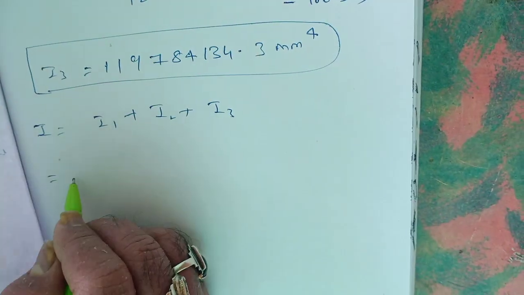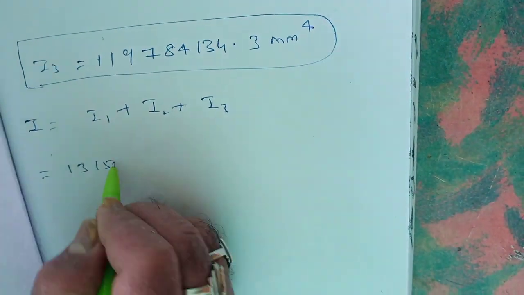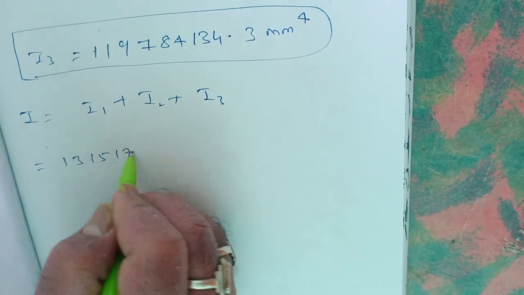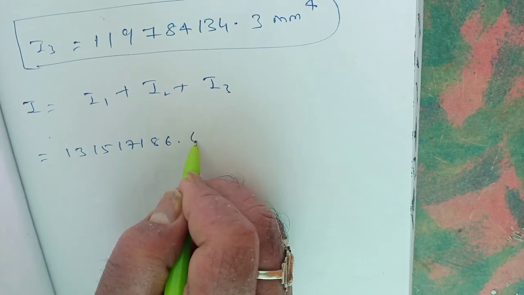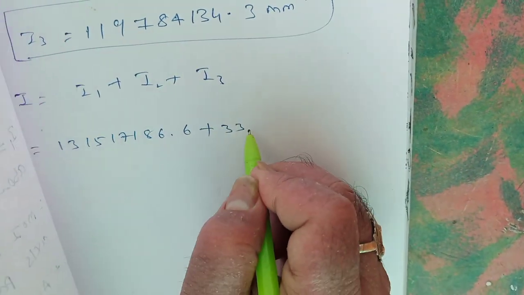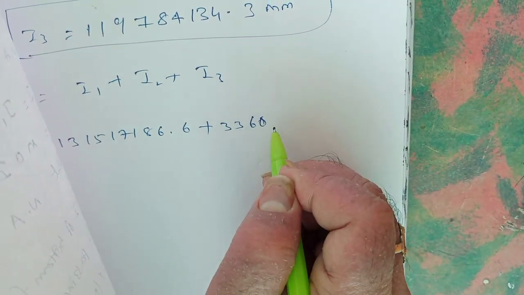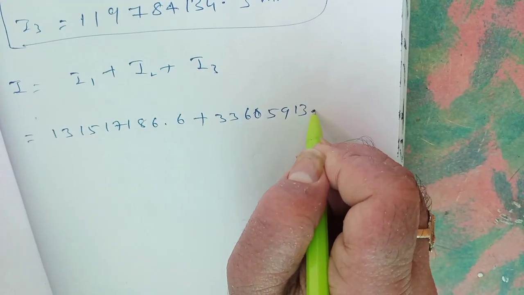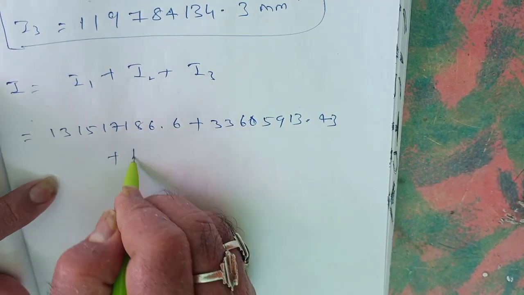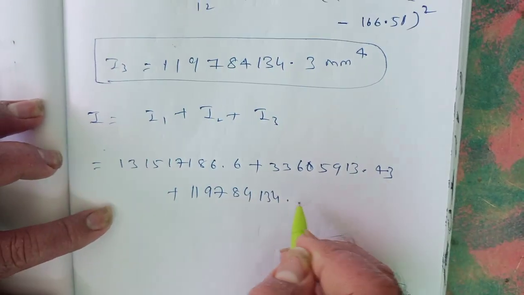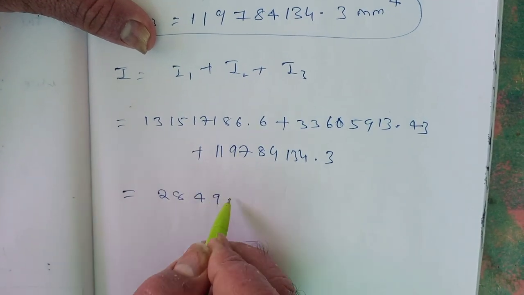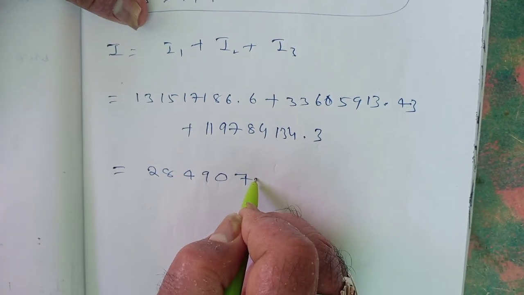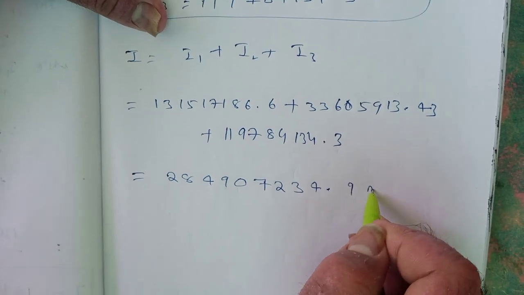So 131 71 86.6 plus 33 60 59 13.43 plus 11 97 84 134.3 equal to 2849 7234.9 millimeter to the power of 4.